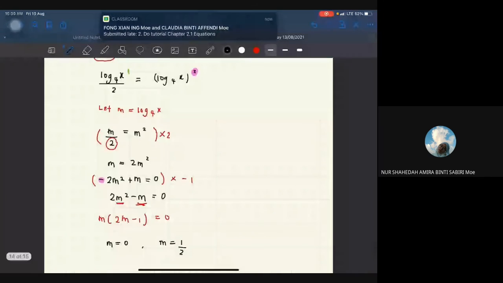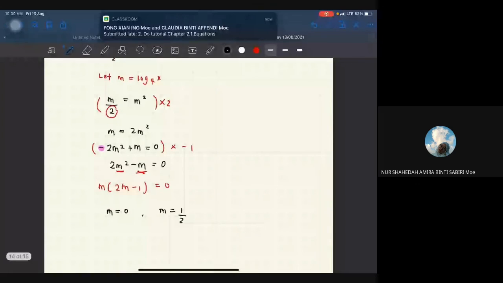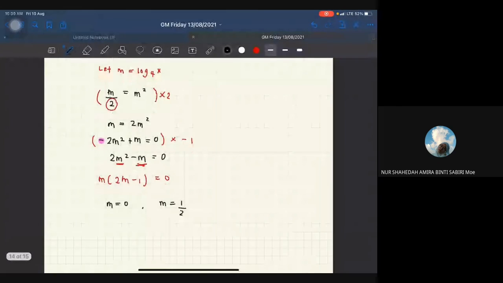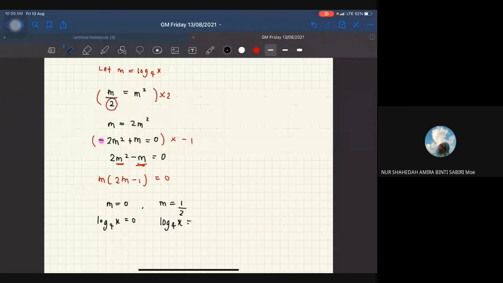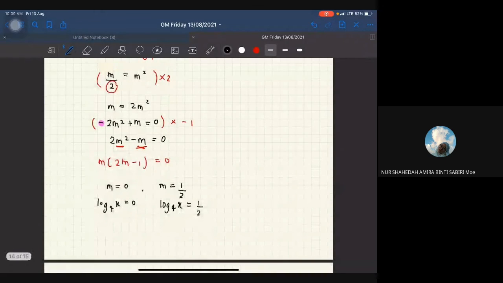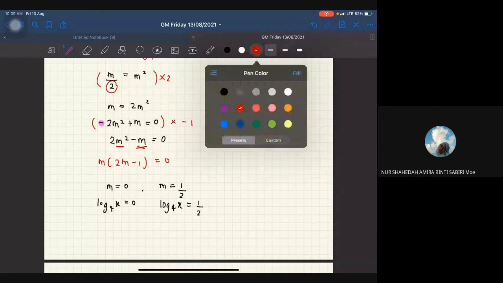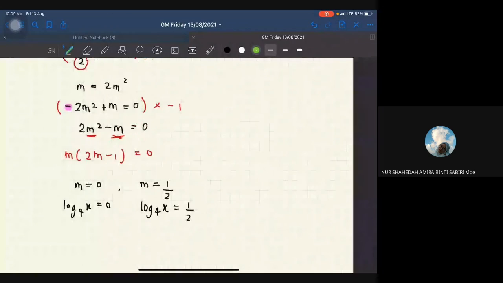Okay. And then again, this one kita tak nak m, kita nak x. So substitute back your log base 4 x equal to 0. This one pun sama. Log base 4 x equal to 1 over 2. Okay, so gunakan teknik kacang. Saya dah jawab guna teknik kacang, so kita apply je teknik kacang tu.